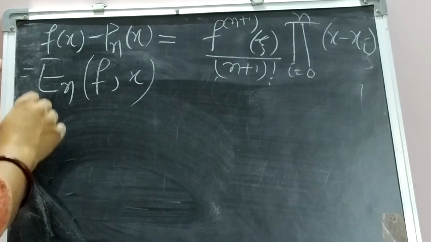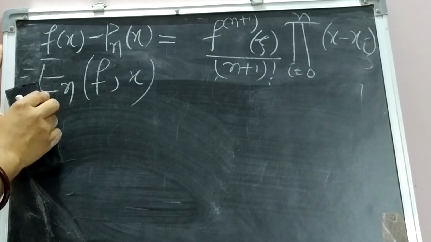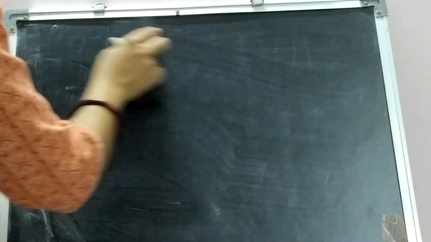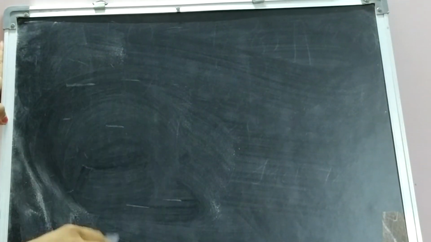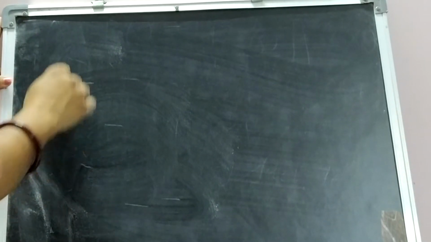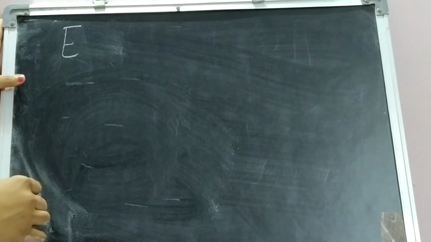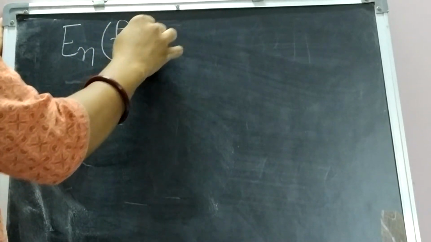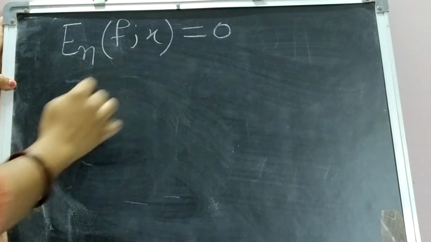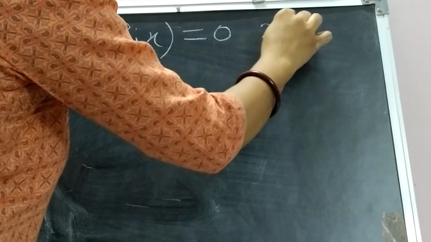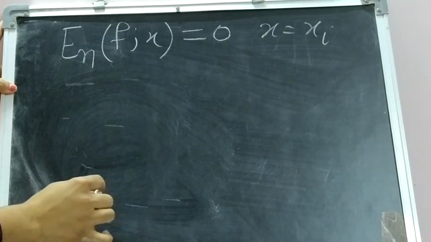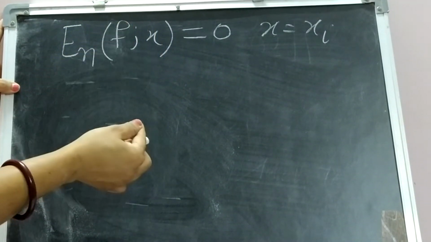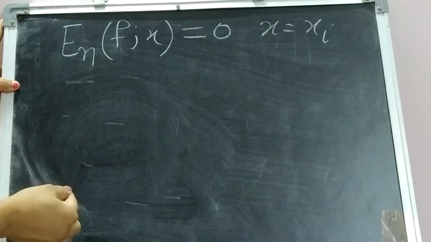So let us try to prove. How we will prove this? The logic in proving this will be same as we did for the two data points. So here also we start with the interpolation condition. If we are interested in En(x), this will be equal to 0 at x is equal to xi, because at x is equal to xi the functional value and the value provided by the interpolating polynomial must be same.